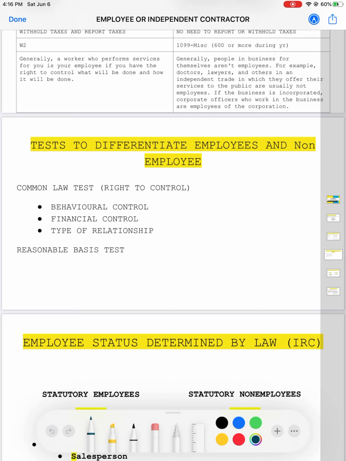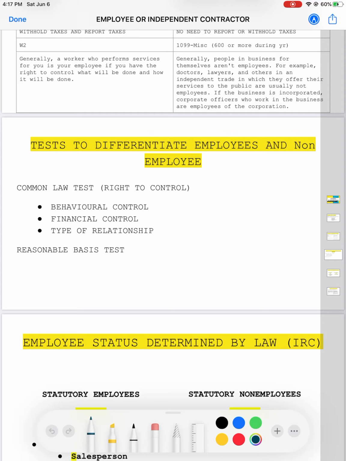Talking about type of relationship, the factors generally indicate how the worker and the business perceive their relationship. Is there any written agreement? Is the worker provided with any benefits by the employer? Are the worker's services an important aspect of the business's regular operations? If these are the conditions, then the worker is the employee.